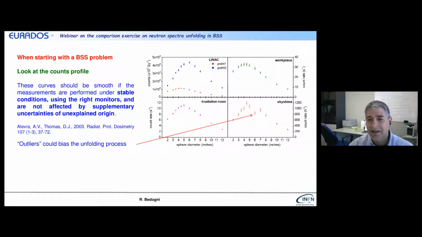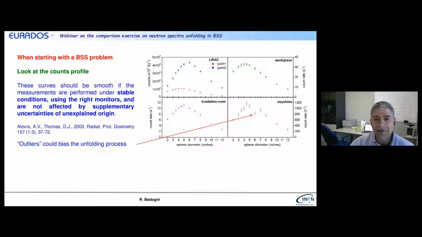Imagine a skyshine measurement where you are assuming some hypothesis, possibly the facility is maybe an accelerator-based facility, and again you have the monitor problem. Or maybe because the skyshine flux is expected to be very low in intensity, you have to expose your spheres for hours and hours, and maybe during these hours and hours there may be some problem in the counting electronics, or maybe the detector can slightly move from the original position, or may slightly move from the center of the sphere, giving rise possibly to problems like the one evidenced here, also by the red arrow.